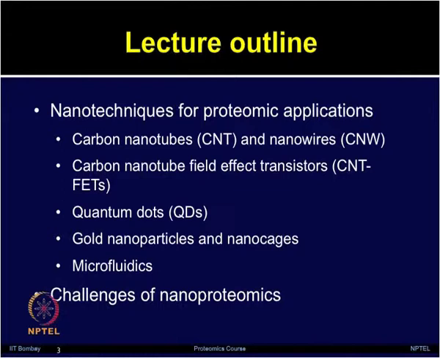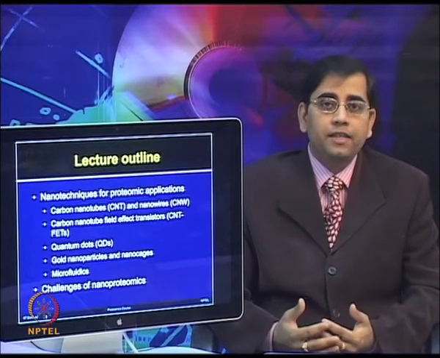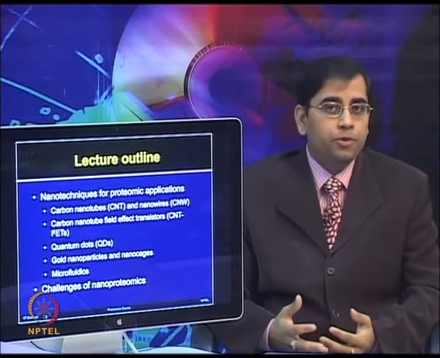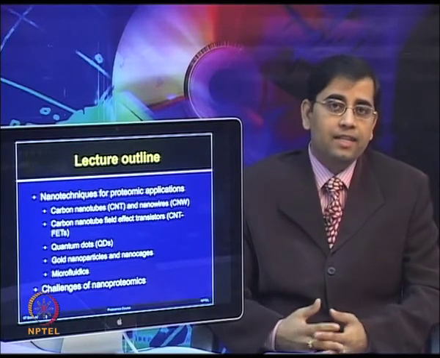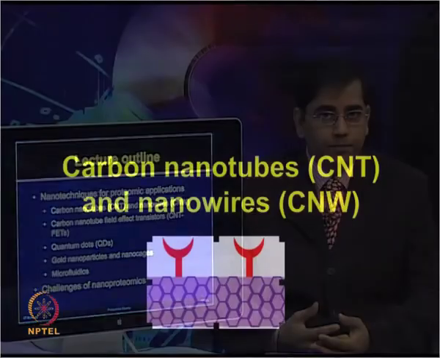Then there are many new emerging nanotechniques which are also being used for proteomics. Very briefly, we will touch on those techniques as well. Then we will discuss the challenges of this new field, nanoproteomics, how the integration of nanotechniques for proteomics still has various challenges, and how one can overcome those challenges.